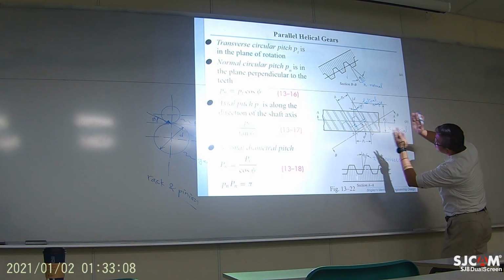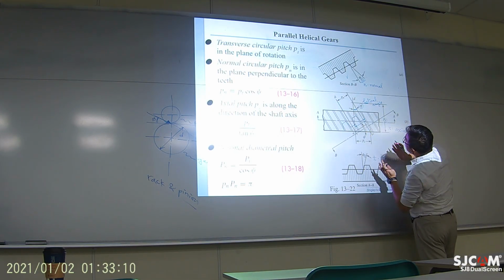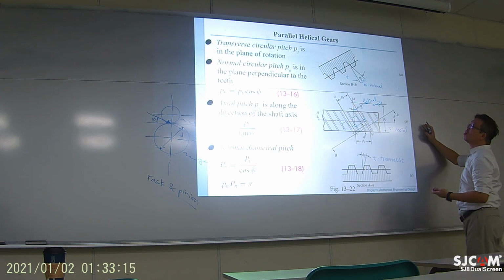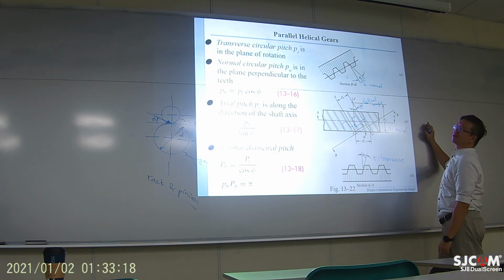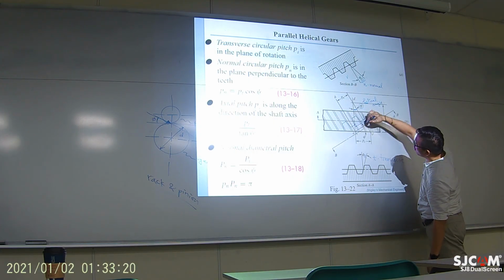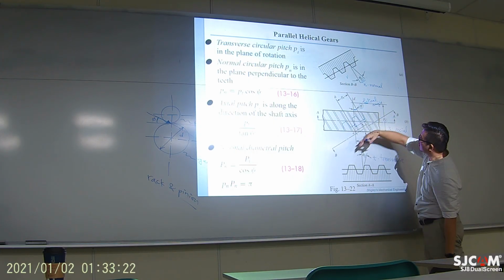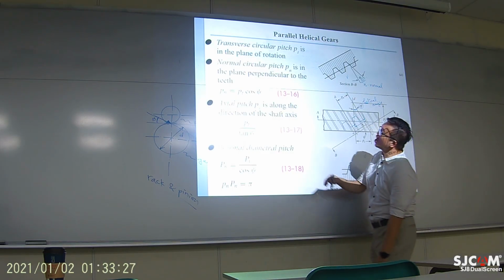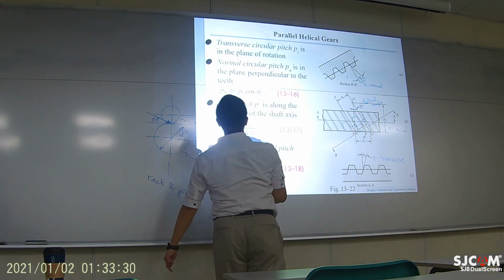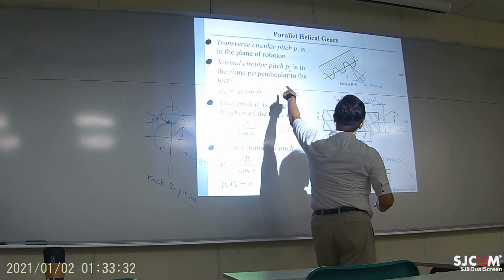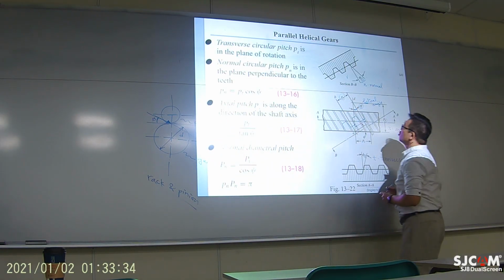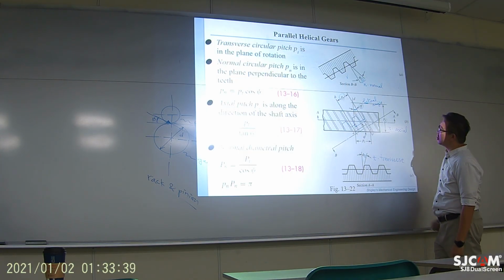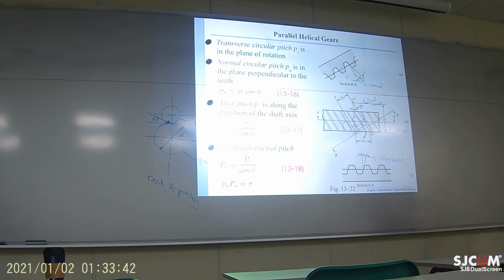Since when we observe along the helical angle the profile looks like a spur gear, we call this the normal direction. So the pitch along this particular helical direction has this normal term. The normal circular pitch is right here. It's the same as the arrow that I have drawn right there.